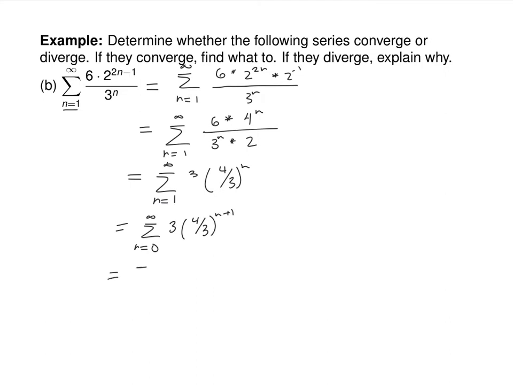So that's the same thing as the sum from n equals 0 to infinity 3 times 4/3 times 4/3 to the n. So the a would equal 4 in this geometric series, and the r will equal 4/3. And as r is bigger than 1, this series diverges.